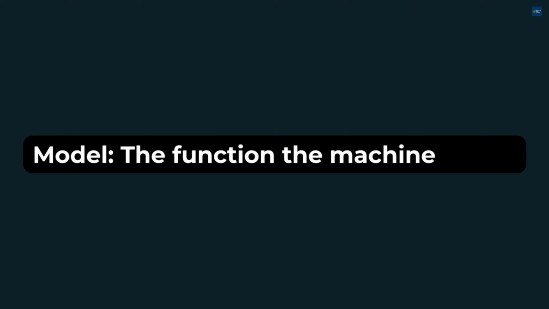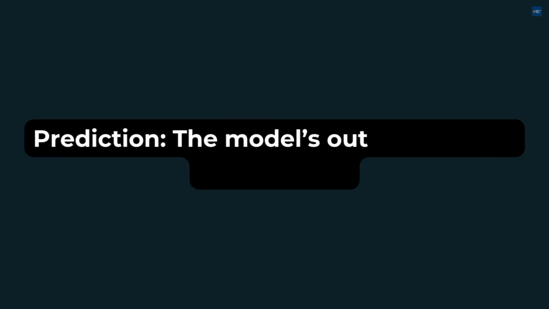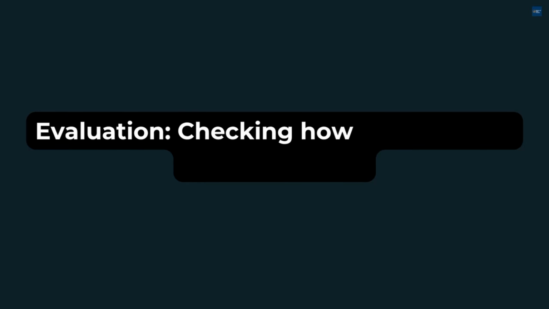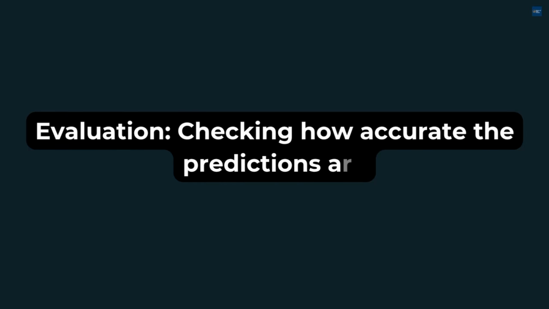Model: the function the machine learns. Training: the process of learning from data. Prediction: the model's output for new, unseen data. Evaluation: checking how accurate the predictions are.